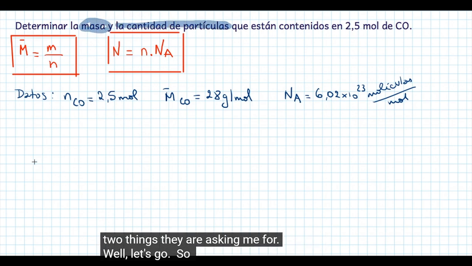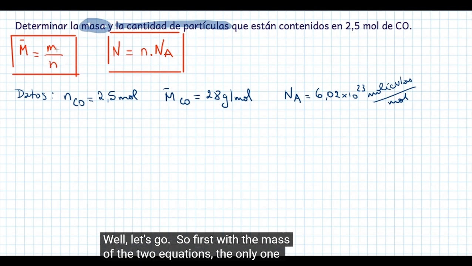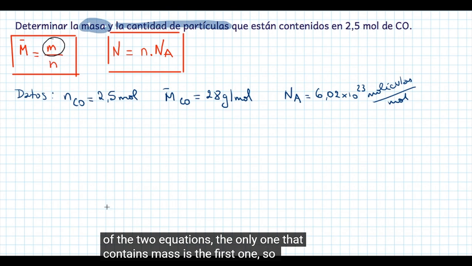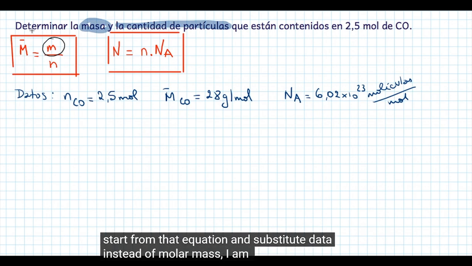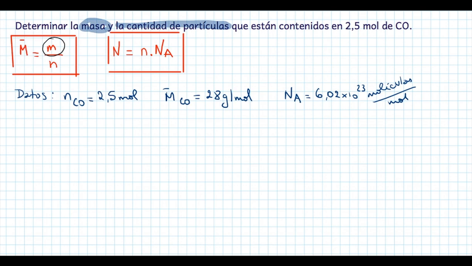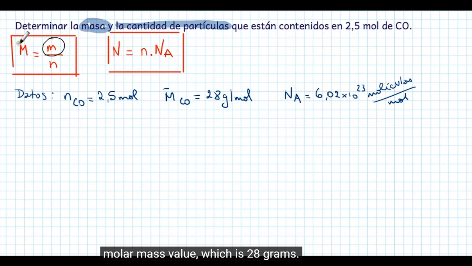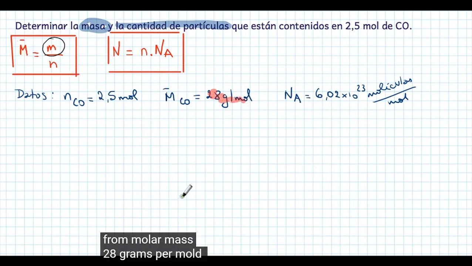Well, let's go. First, the mass: of the two equations, the only one that contains mass is the first one, so I start from that equation and substitute data. Instead of molar mass, I am going to use the molar mass value, which is 28 grams per mole.